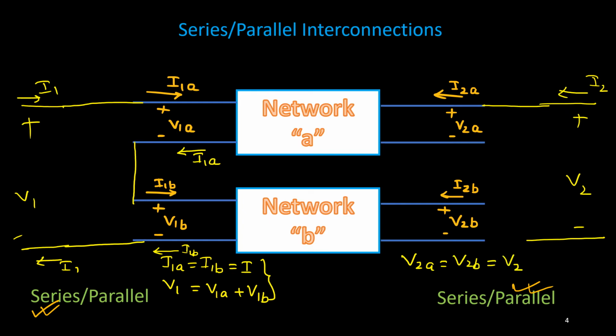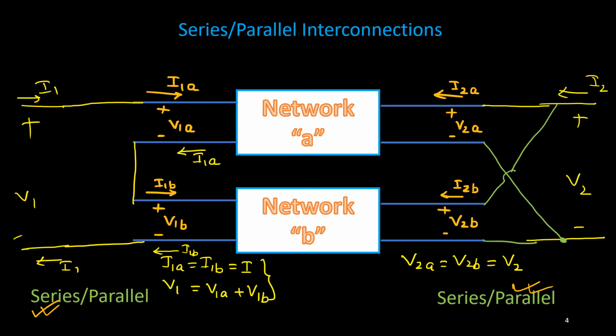To get this, I'll connect this element, so you see V2 will be the same as V2A. Similarly for V2B, I'll connect this one and this side, so you will get V2B equal to V2 again.